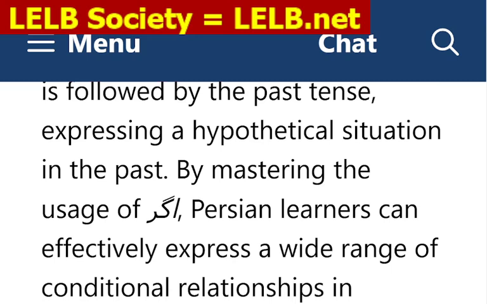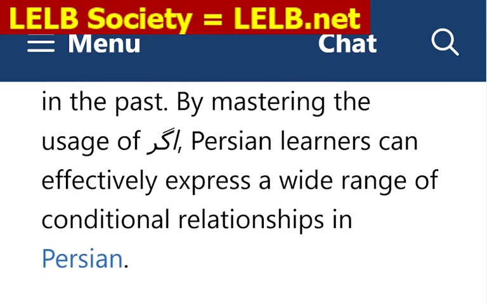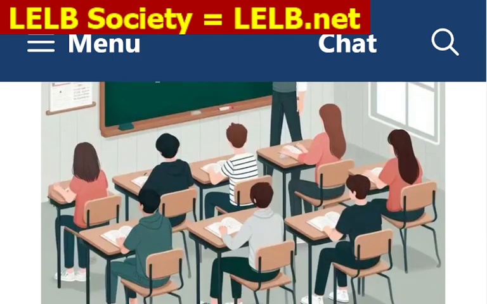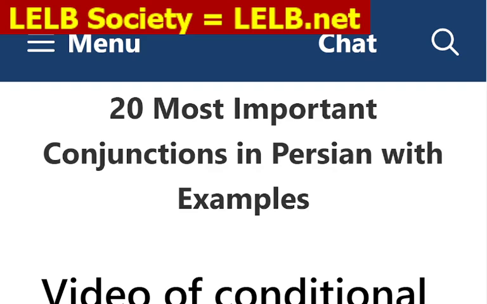By mastering the usage of agar or age, Persian learners can effectively express a wide range of conditional relationships in Persian.